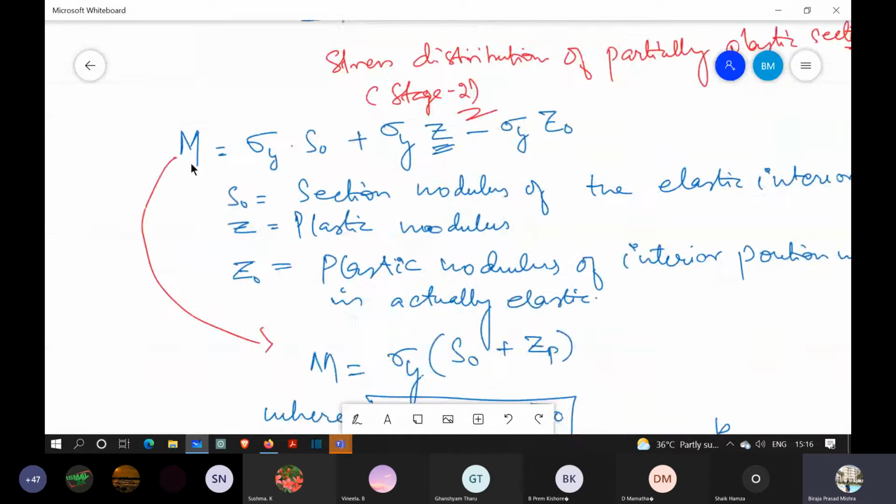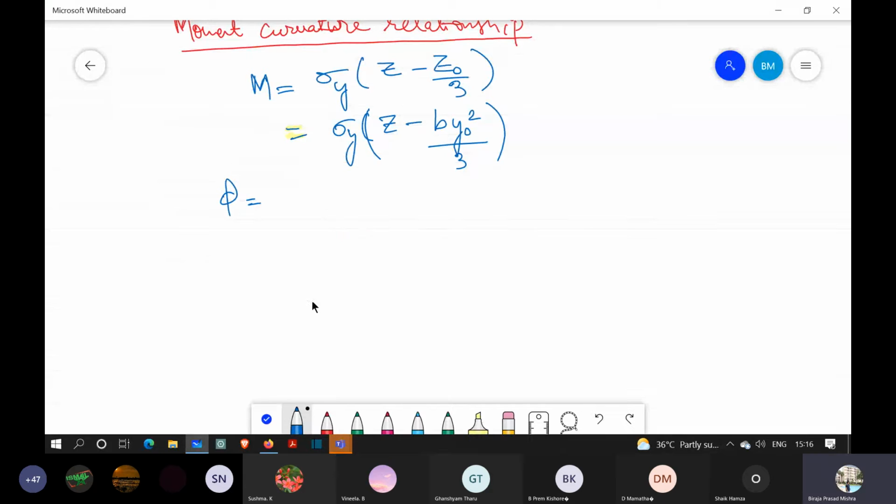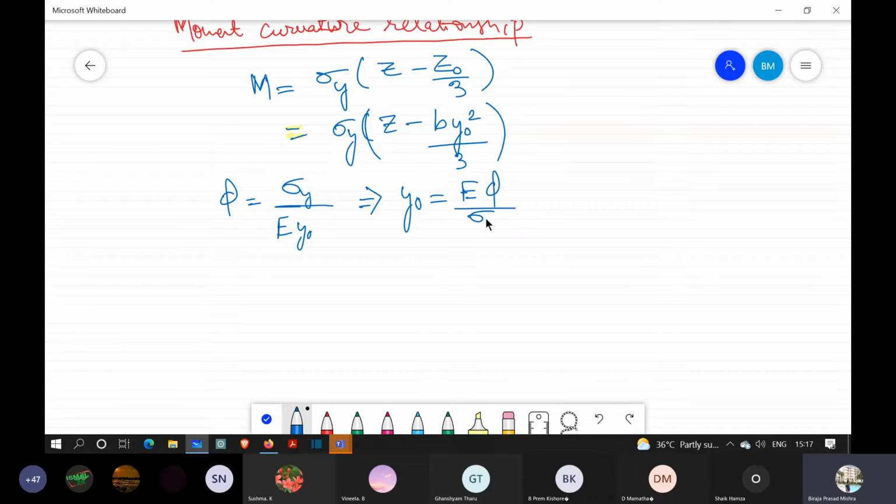So phi equals sigma y divided by E into y0, which implies y0 equals E into phi divided by sigma y. Now this value we will put here.